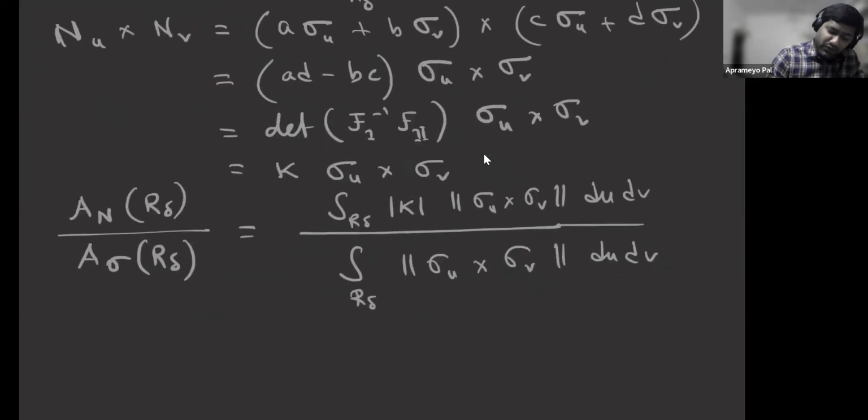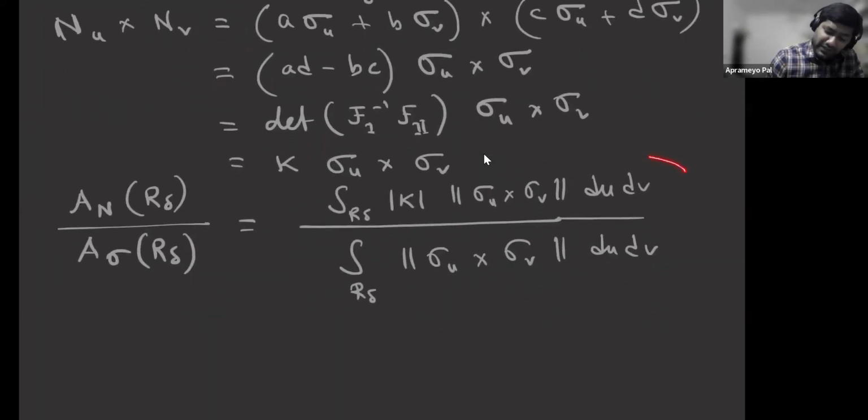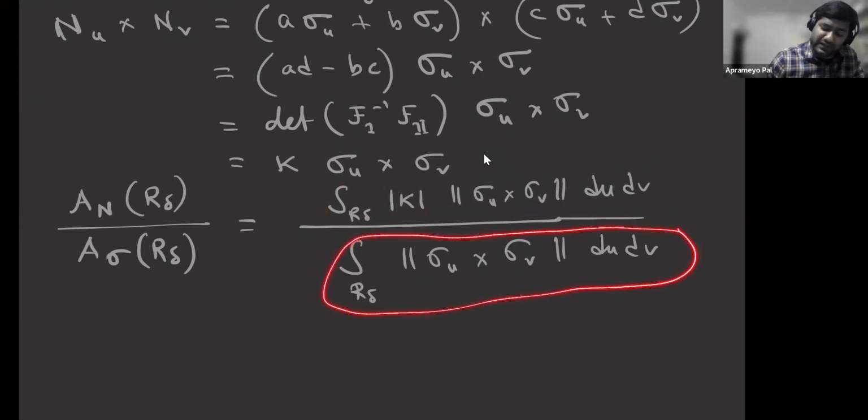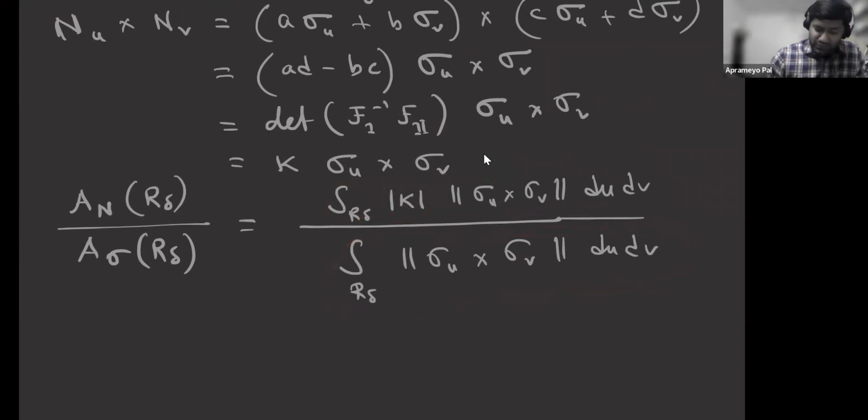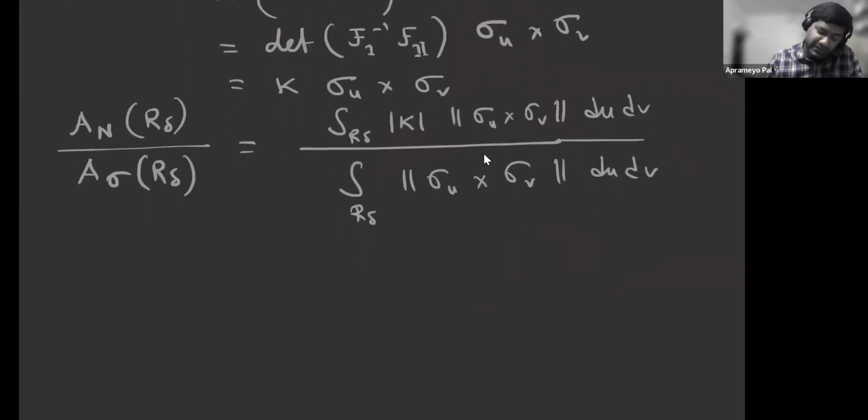So it seems we are almost there, right? If you can somehow integrate this without bothering about it that much, and the denominator is exactly the same, so intuitively this should only give mod K. But let's make formal what we mean by intuitively.